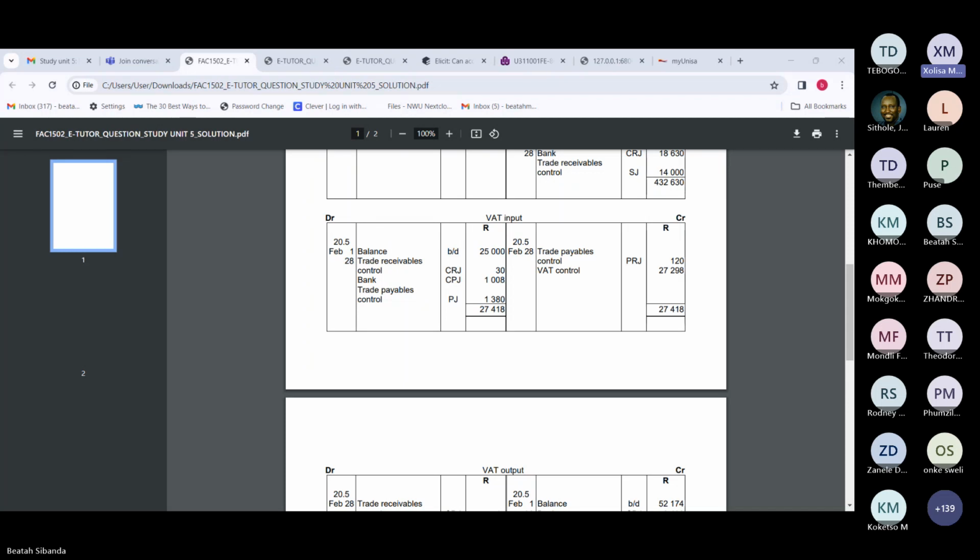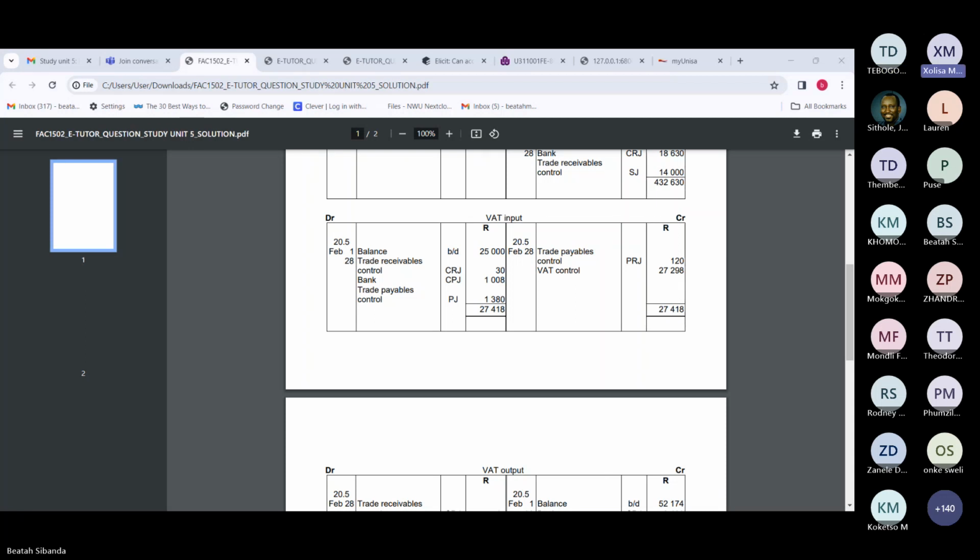The VAT element of that was 1,008. Everyone, okay, you happy with that? Yes. So therefore, what I'm saying is that the 1,008 is the VAT input that relates to your cash purchases.